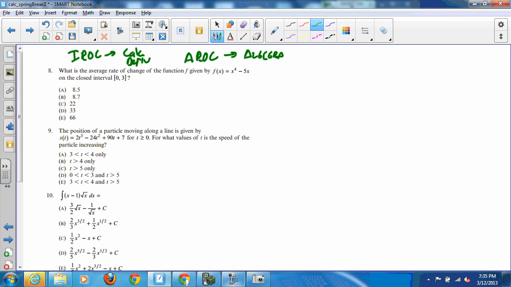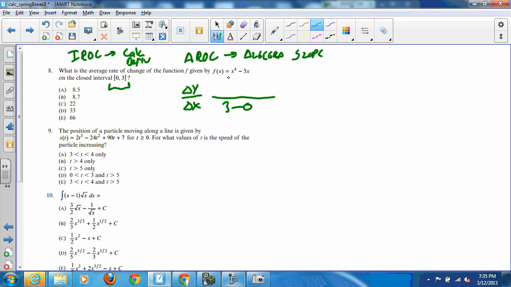So the rate of change is just basically the slope of the secant lines that connect between these 2 points, 0 and 3. So this is basically Algebra 1, 8th grade stuff. Delta y over delta x, if you will, dy dx.